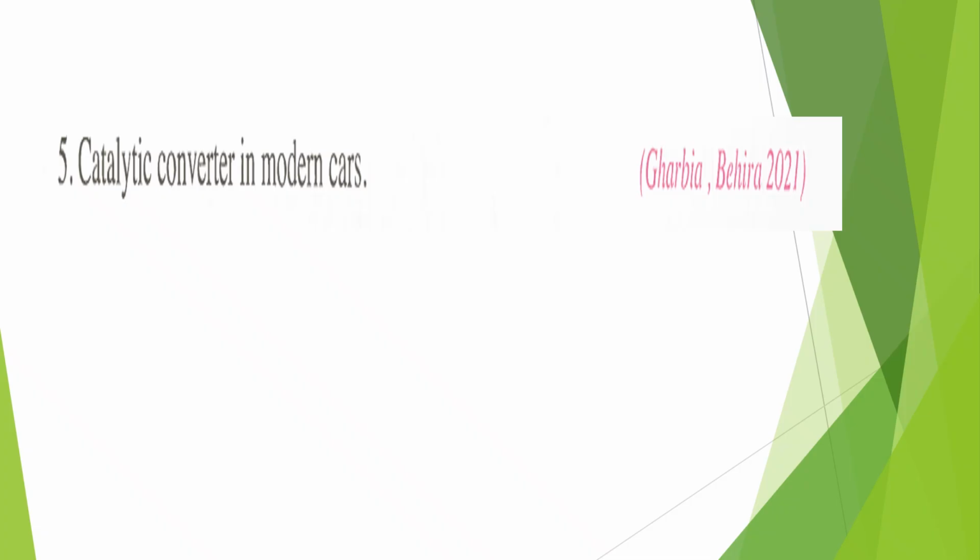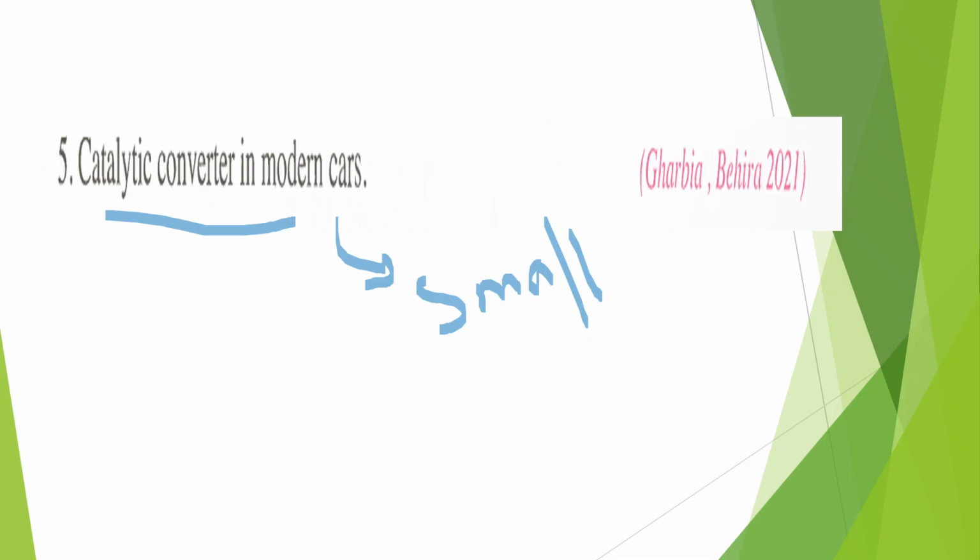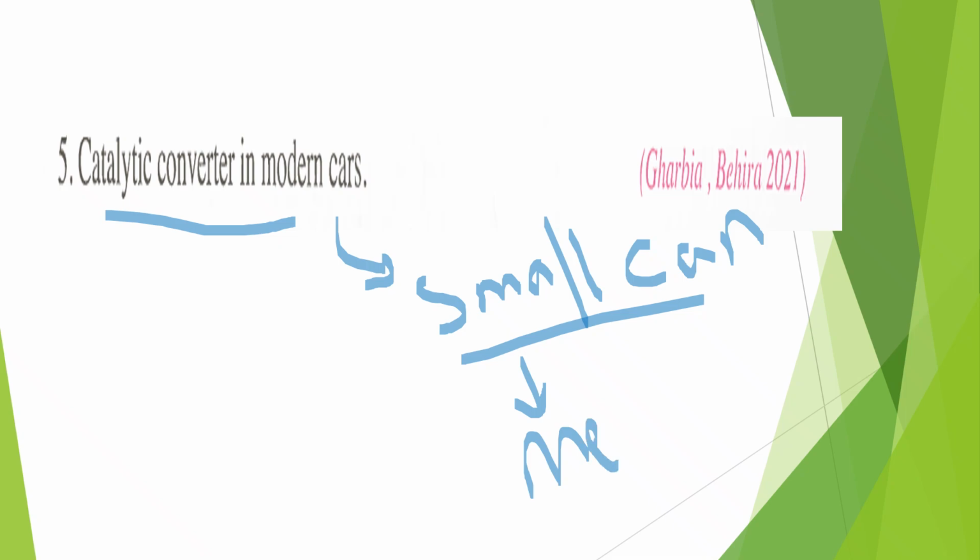Now we come to the catalytic converter in modern cars. Catalytic converter is a small metallic can. Its importance is to filter the gases or to treat the gases coming from the car engine. Small can made of metal, used in modern cars.